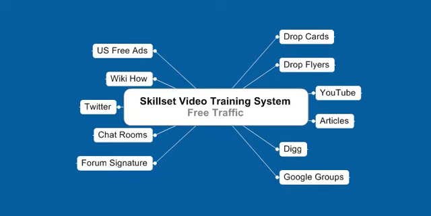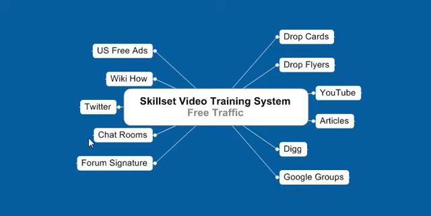I could put so much money into Google AdWords and media buys, which I do, but I have so many groups right now that I have outsourced, which is just inside people for me, that are doing all this free traffic strategy, because you just can't get enough free traffic. Because it's out there and it's free. Especially the drop cards and drop flyers. Out of all of these items that you see here, I get the most traffic and the most free money coming my way by having people do drop cards and drop flyers for me, just like I already mentioned.